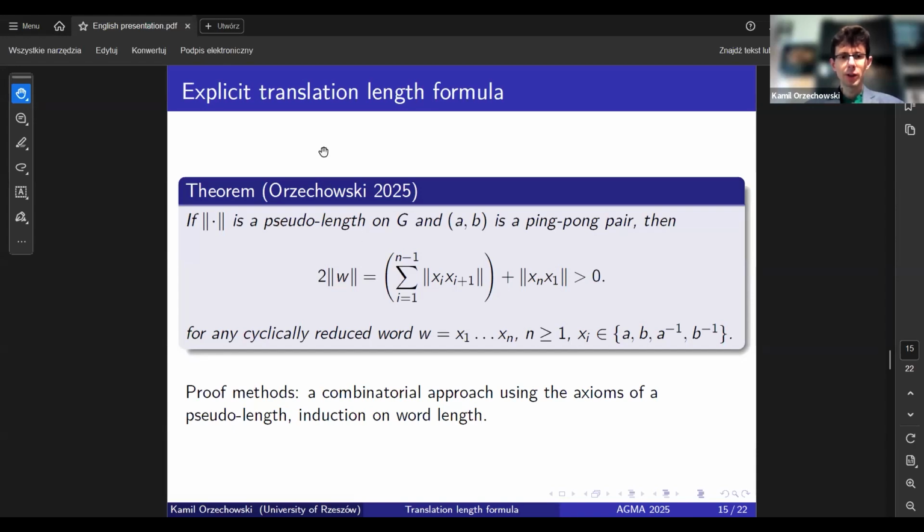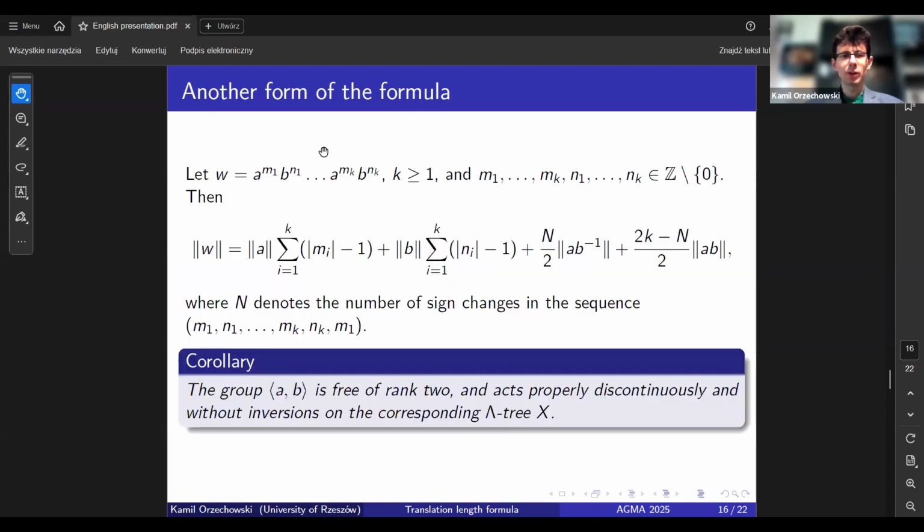My proof methods are only combinatorial and rely solely on the axioms of pseudo-length, not drawing any pictures. My formula can be written in another form if W is written as a product of syllables of powers. Then we have an expanded formula.